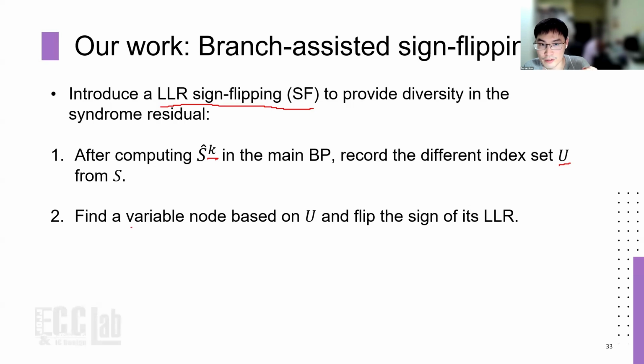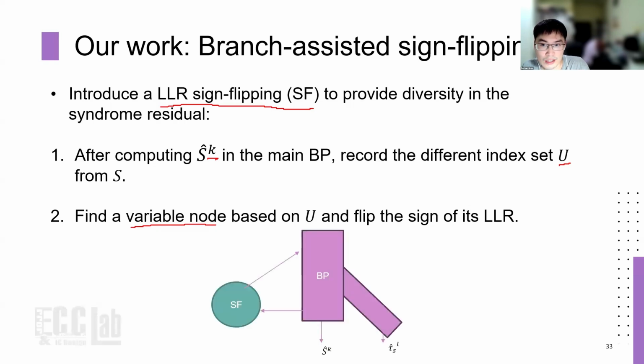Then we find the variable based on U and flip the sign of its LLR. Here is the schematic diagram of the whole algorithm. The sign flip process will change the LLR and feed it to the next iteration, so it might enhance the chance for the syndrome to enter the branch.